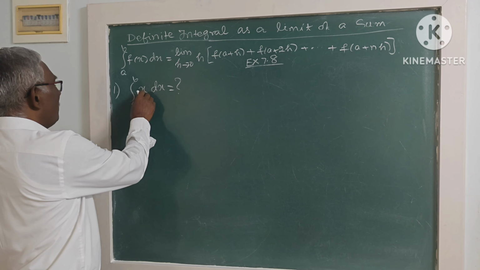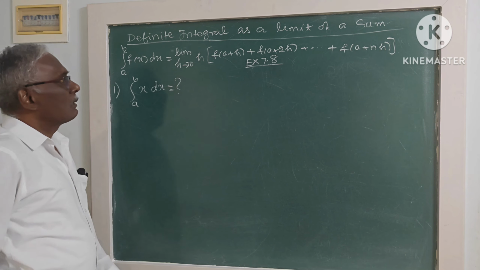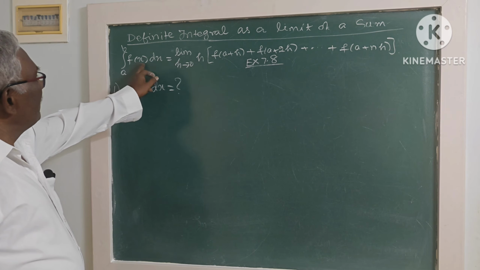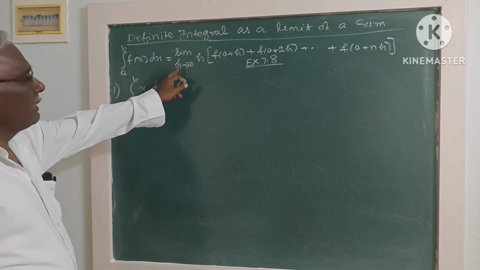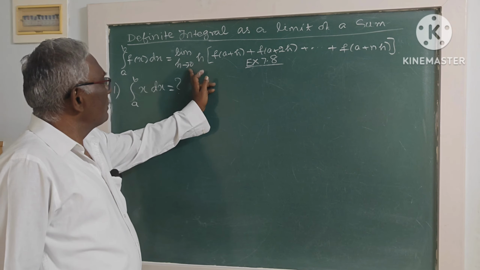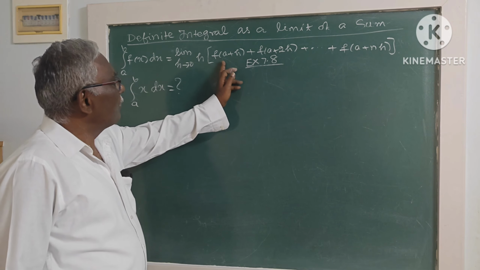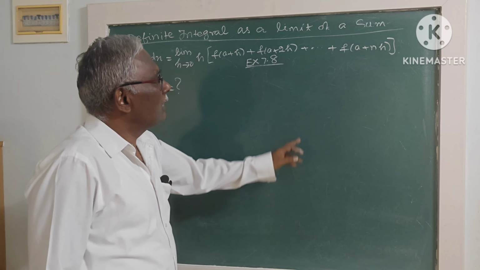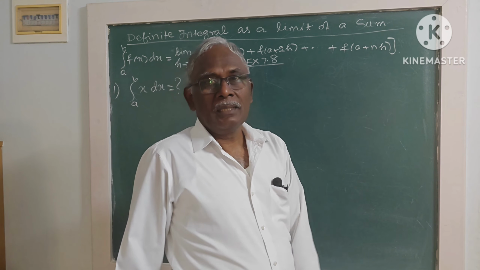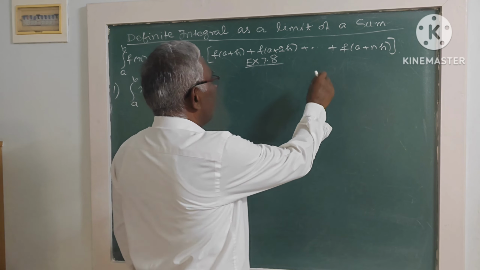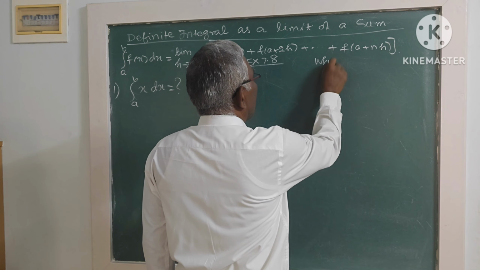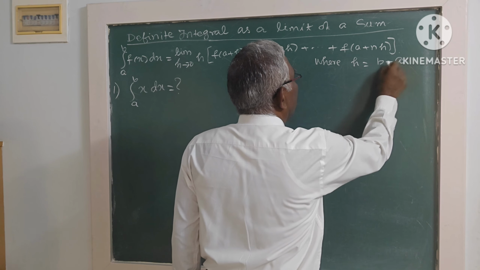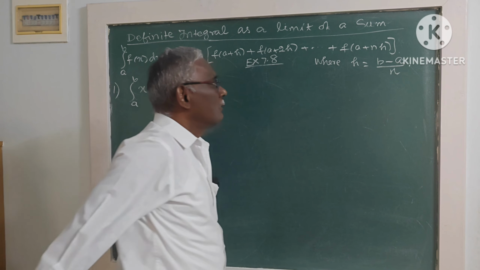Okay, what is the integral from a to b of x dx? By definition, the integral from a to b of f of x dx is equal to the limit as h tends to 0 of h into [f of a plus h plus f of a plus 2h and so on, plus f of a plus nh], where h is equal to (b minus a) by n.